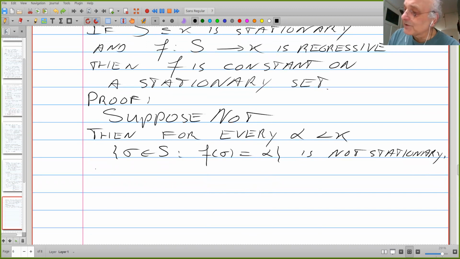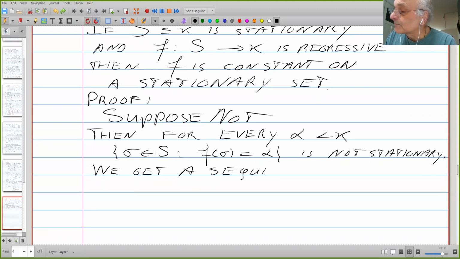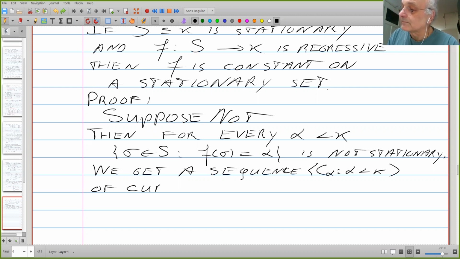Okay, that means we get, and here again we use the axiom of choice, a sequence. So let's call this set T alpha.